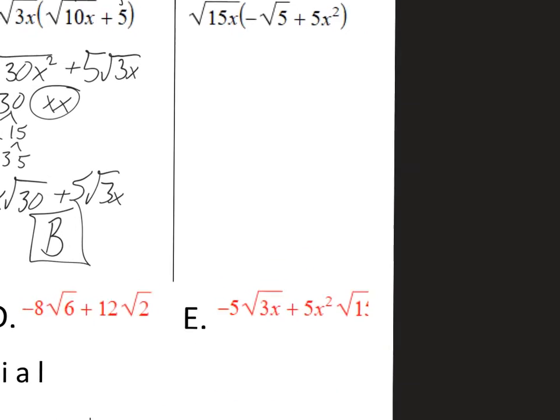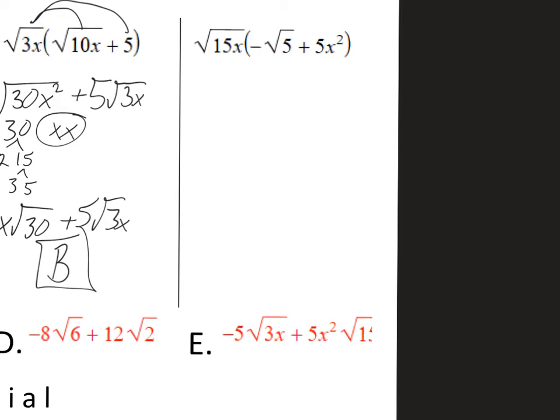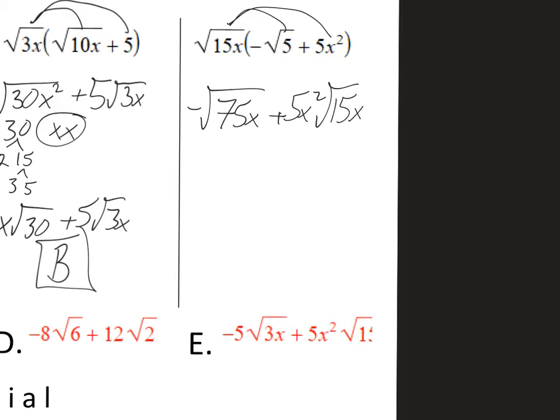Okay, very last one. Try it out. Okay, so we have negative radical 5 times 15 is 75x plus 5x squared radical 15x. Negative 75.